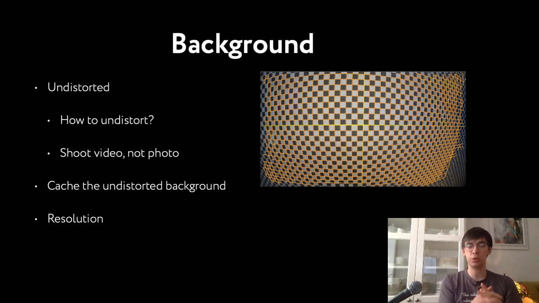And let's also discuss the resolution of the background and how it affects the tracking. Generally, the better the resolution, the better tracking you can get. But sometimes you just have an excessive number of pixels, and everything becomes really slow.